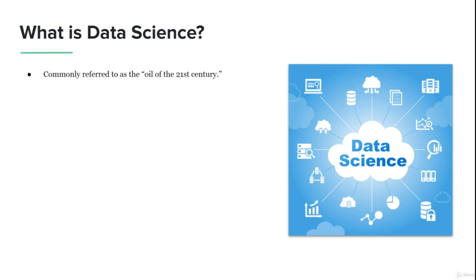So another thing to keep in mind is that data science, since it's so hot and so prevalent nowadays, is being known as the oil of the 21st century. If you think about it, back in the day, oil was a huge market. It was just massive, right?